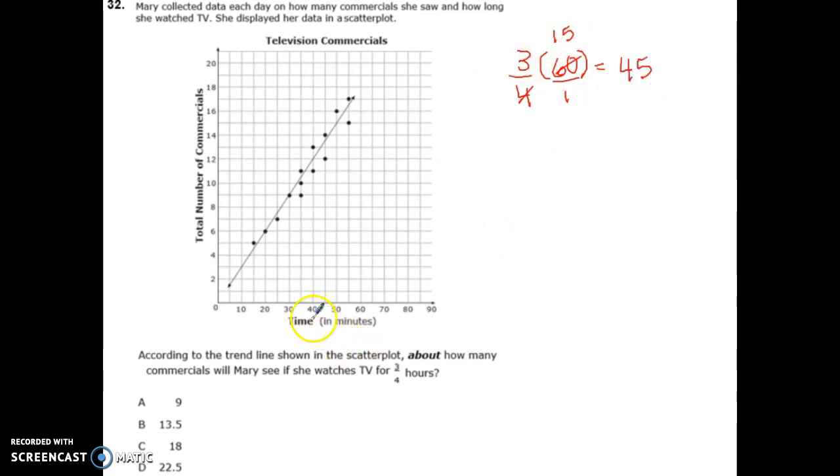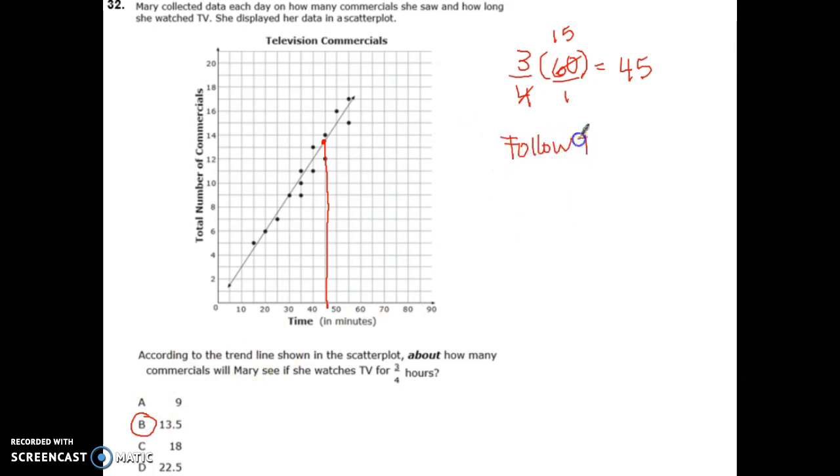So all we have to do is find out at 45, what does the trend line say? Around 45, so that's 13 right there. Looks like 13 and a half. B.